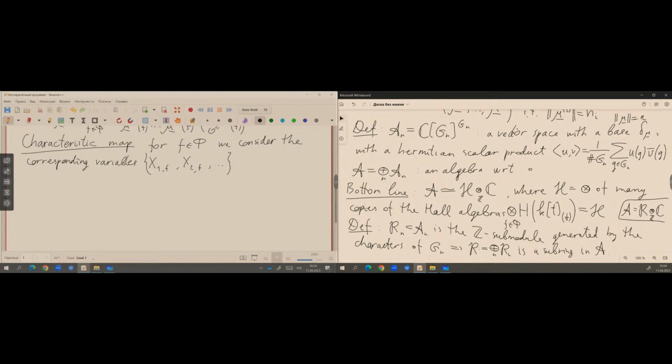So usually our symmetric functions are symmetric functions in variables x1, x2, and so on. And now we have many groups of variables numbered by irreducible polynomials. One group for each polynomial. For a symmetric function u, we set u of f is u in this group of variables.